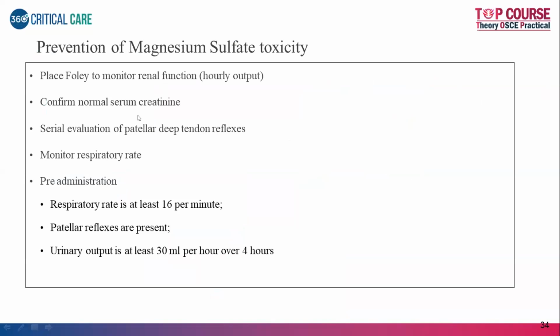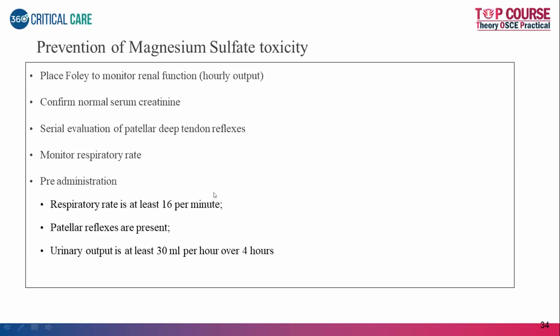Then check two important things: deep tendon reflexes and respiratory rate. Pre-administration respiratory rate should be at least 16 per minute, patellar reflexes should be present, and urine output should be at least 30 ml per hour over 4 hours. If you meet these criteria, then you can safely start your magnesium sulfate infusion.